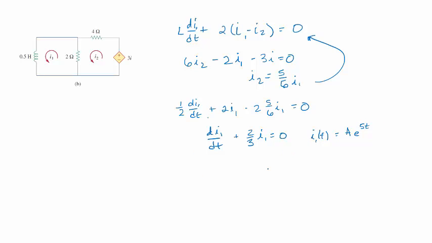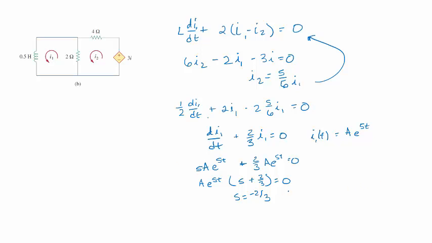So s A e to the st plus 2/3 A e to the st equals 0. I can factor out A e to the st, and I have s plus 2/3 equals 0, from which we get s equals minus 2/3.